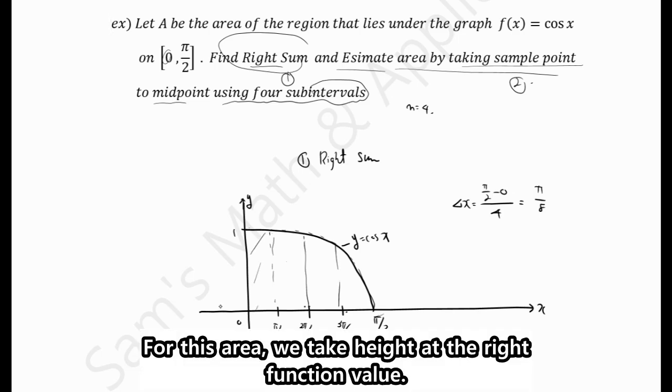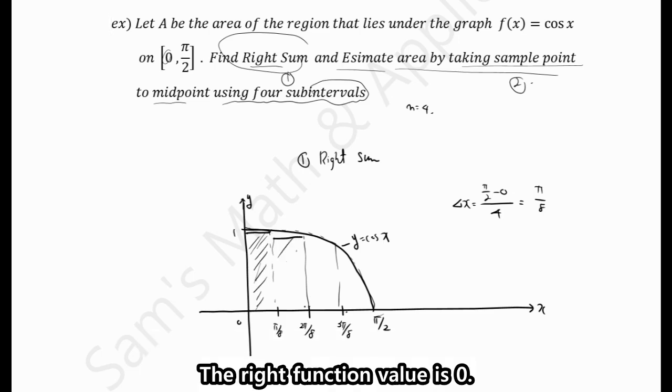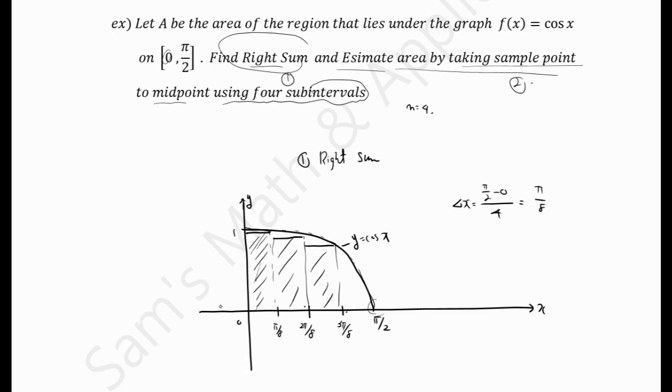for each area, we take the height at the right function value, like this, and this, and this, and the last right function value is 0.